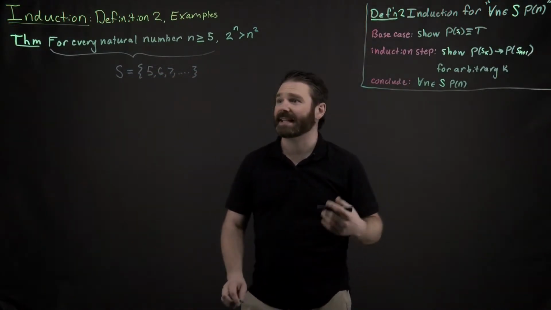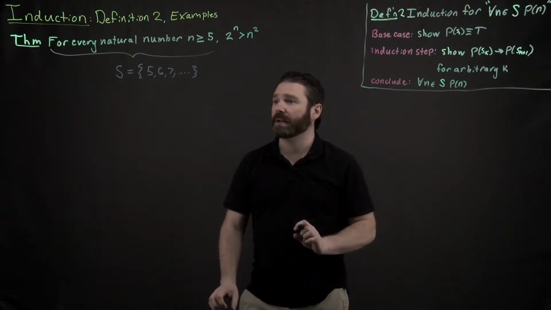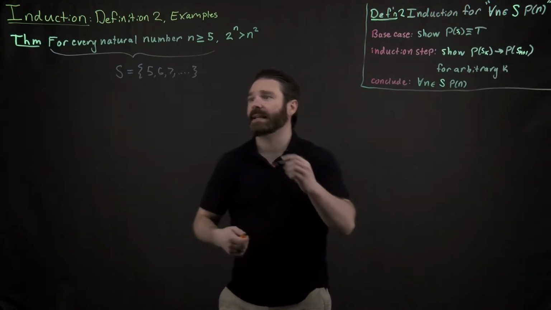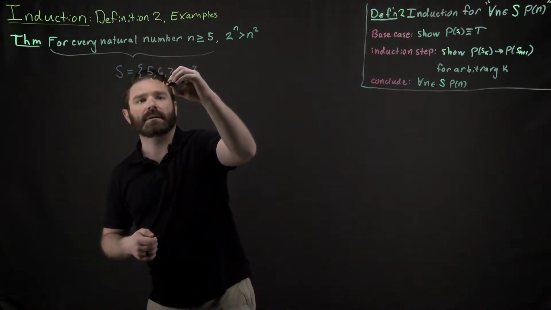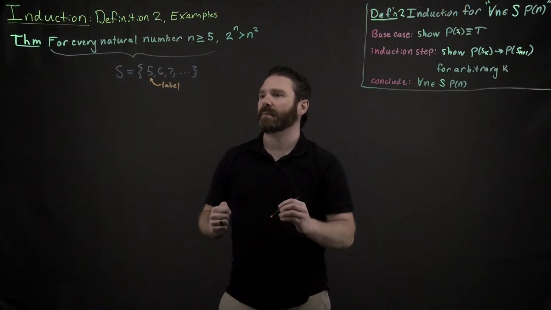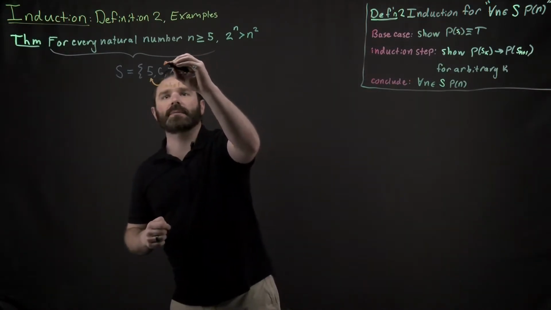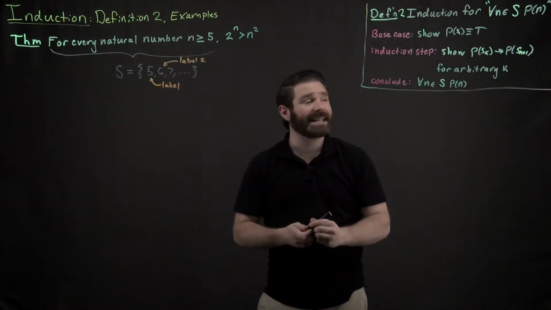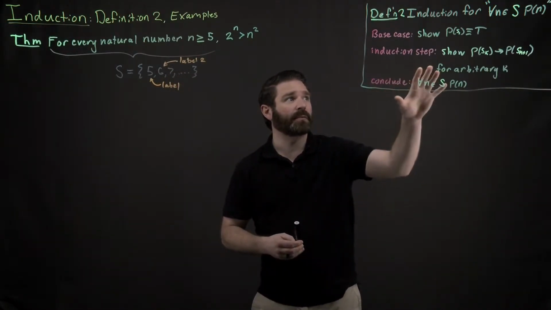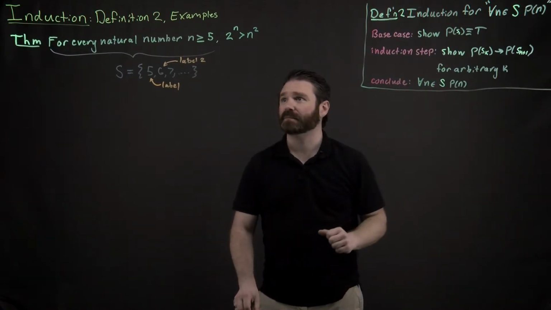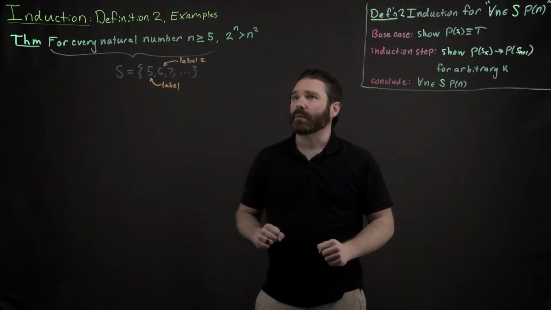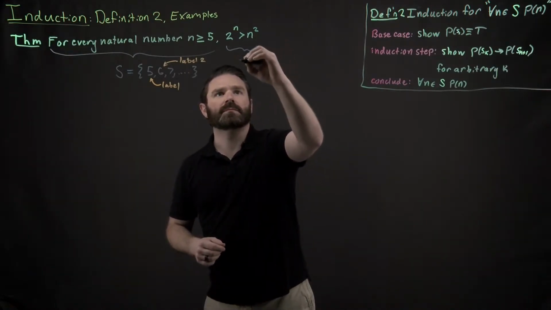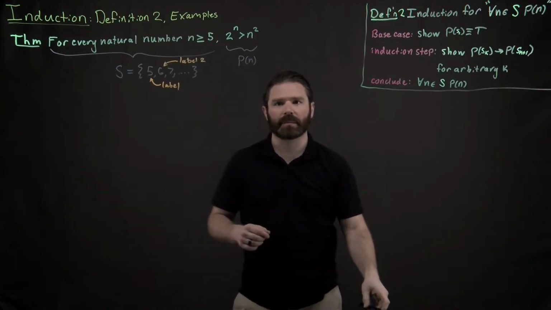Five, 6, 7, etc., etc. And if you watch the previous videos, you can see that yes, indeed, this thing is countably infinite, because I can give the first one a label of 1, I can give the second one a label of 2, etc., etc. So I can indeed apply this proof by induction definition. So that's the set that we're looking at, and then this here is going to be our propositional function. That's our P of n.